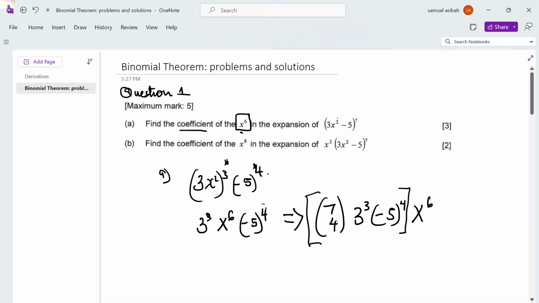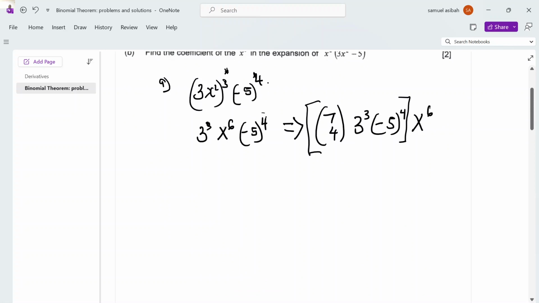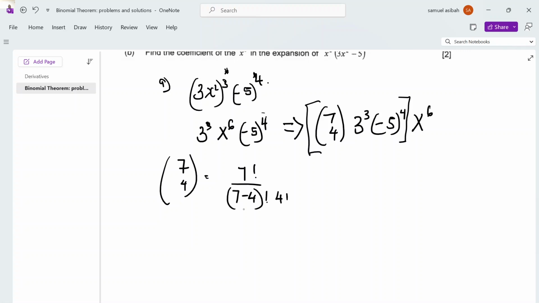Now, for those who are new to this, when we talk about 7C4, this means it is 7 factorial over (7 minus 4) factorial, then 4 factorial here. This means that 7 factorial is 7 times 6, times 5, times 4, times 3, times 2, times 1.